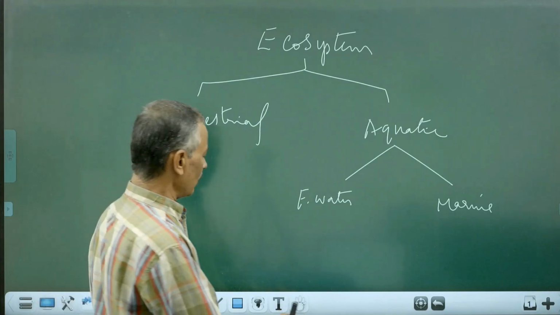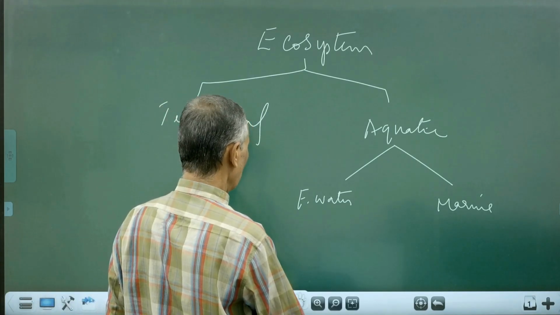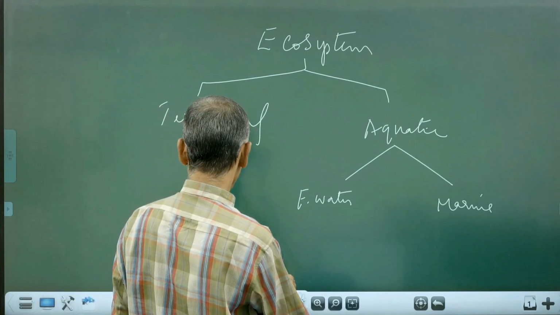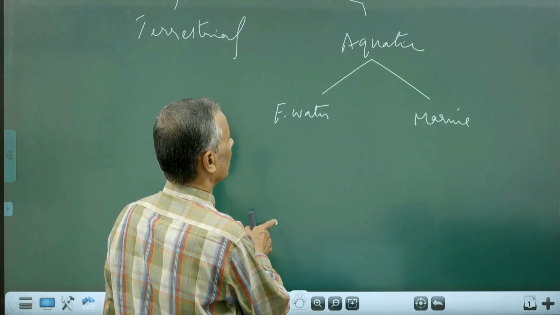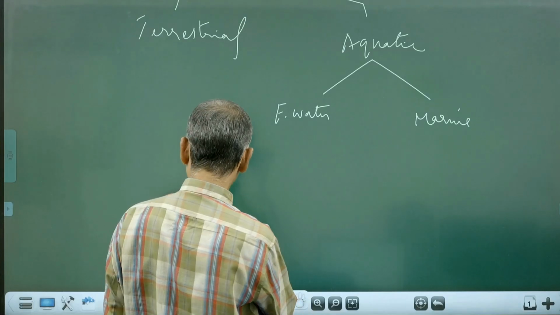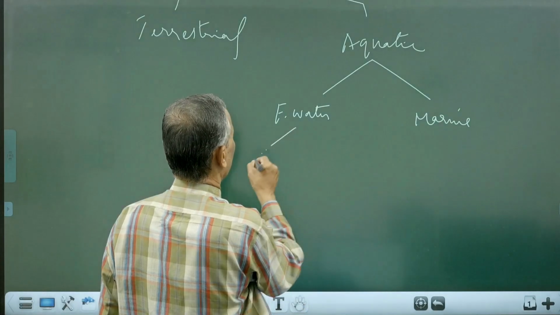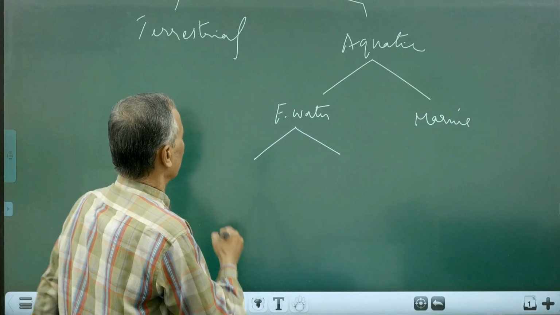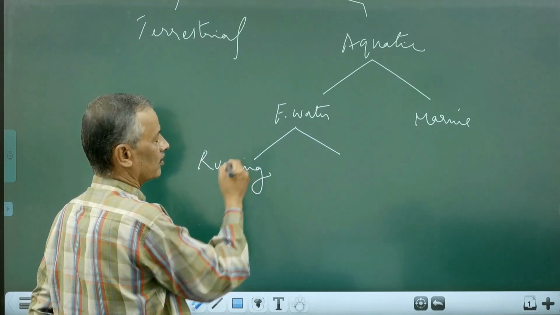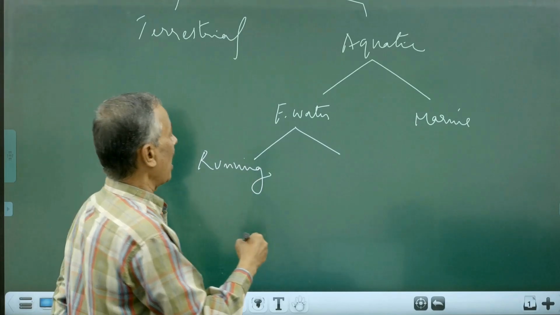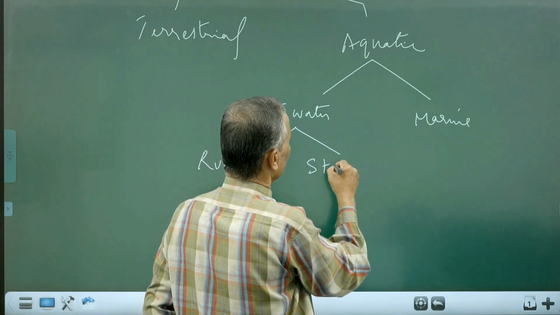And these freshwater ecosystems include ponds, lakes, dams, etc., which are divisible into two groups, namely running, okay, and stagnant water bodies.